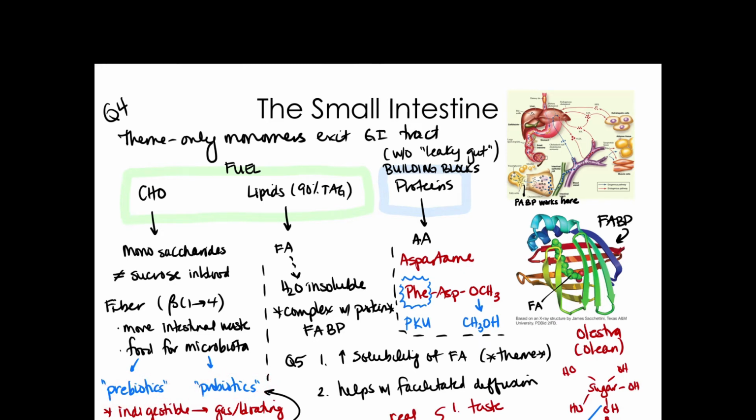And again, just highlighting that anything that makes its way down into your gastrointestinal tract, specifically your colon, anytime we're talking about the microbiome, that's really talking about your large intestine. So even here where we're talking about the small intestine, your microbiome really lives exclusively in your large intestine. It's not supposed to be in your small intestine.